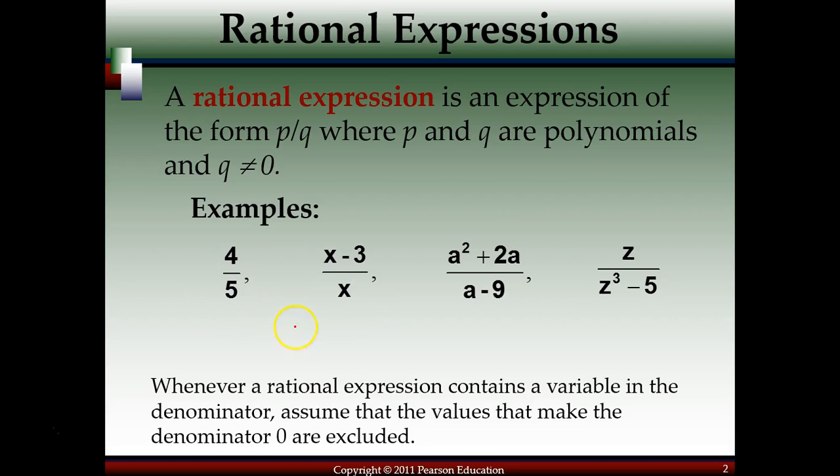So in this case, all real numbers of x are going to work except where x is equal to 0. So I'm going to say x cannot equal 0.